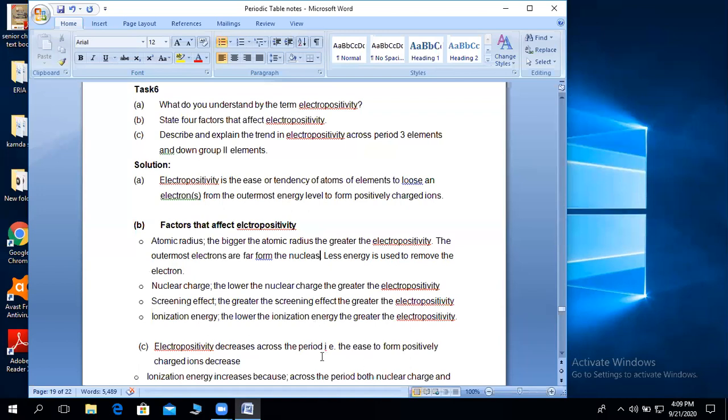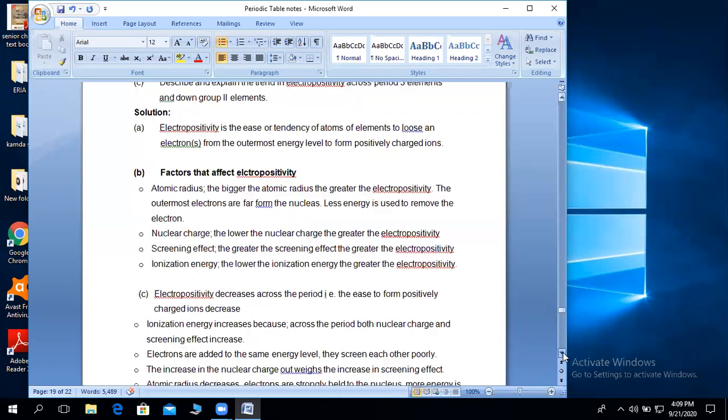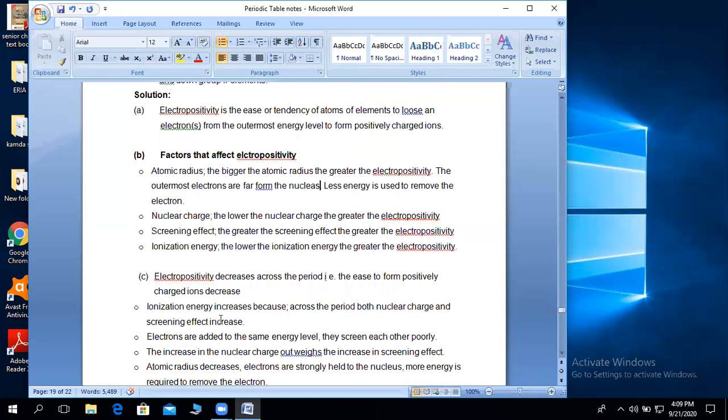So it requires a lot of energy to remove an electron which is experiencing nuclear attraction. Ionization energy increases because across the period, both nuclear charge and screening effect increase. Electrons are added to the same energy level. They screen each other poorly.